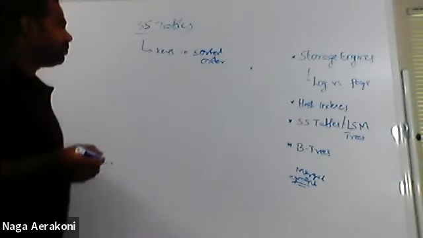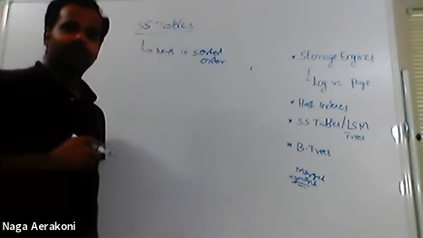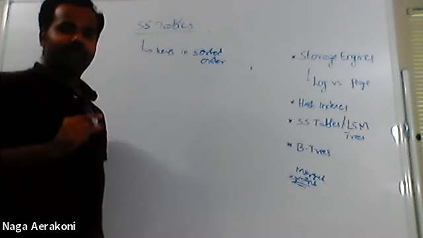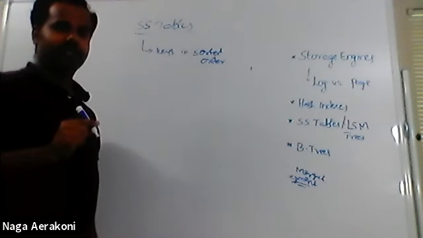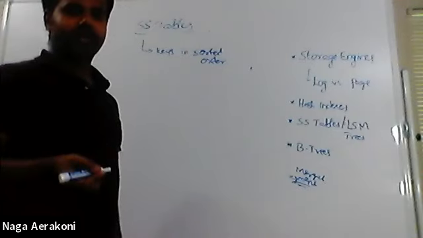So a quick question: what are the data structures that come to your mind when we talk about sorted data, which can store the keys efficiently in sorted order? Tree sets, like a binary search tree or something like that. Yes.